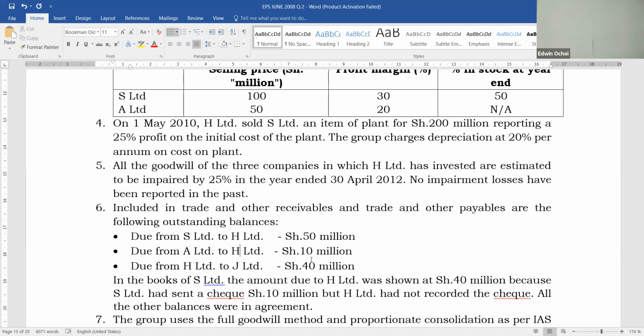It is not supposed to be carried forward to the next financial year. Like now, you know that the parent and the subsidiary are H and S.